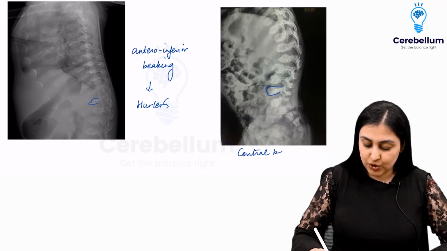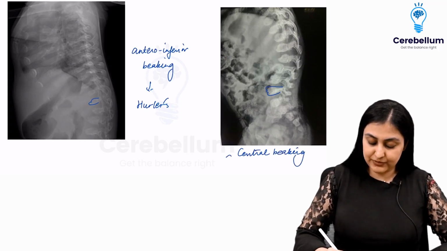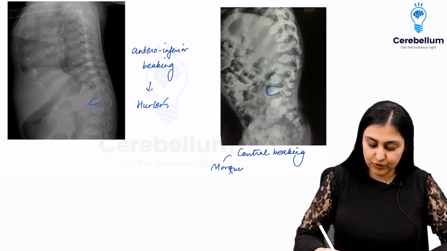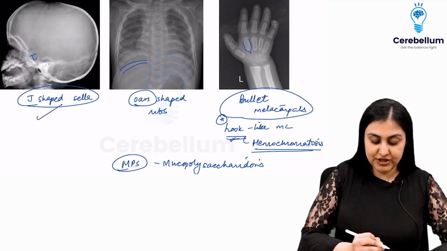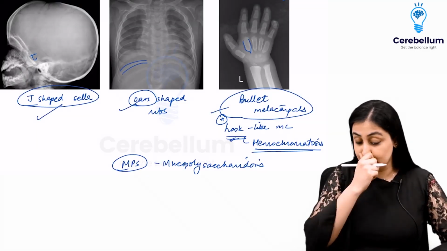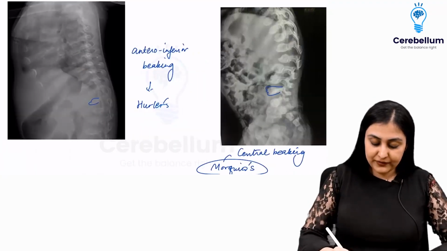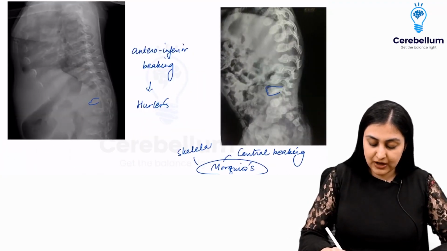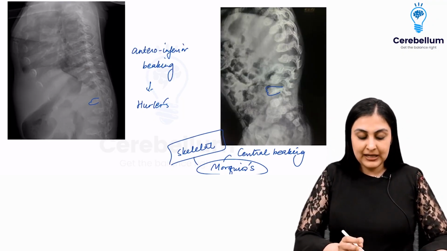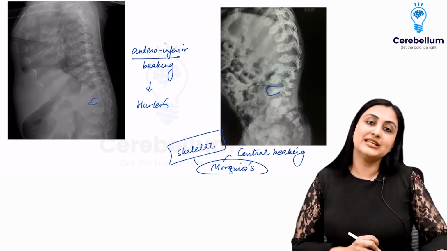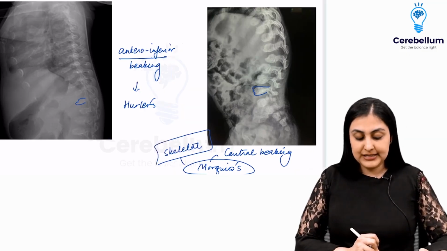Central beaking is more common with the Morquio type of MPS. Alright, so remember overall, all of the skeletal changes that we have discussed so far, J-shaped sella, oar-shaped ribs, bullet metacarpals, all of the skeletal manifestations are far more common in the Morquio variant of MPS, okay? But antero-inferior beaking is one thing with Hurler's, alright?